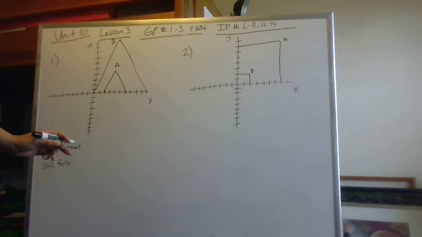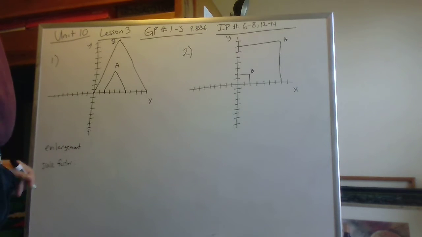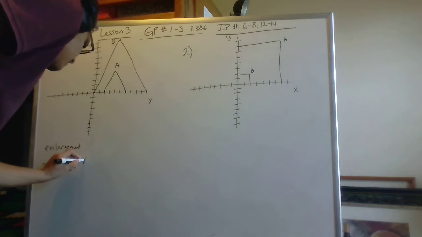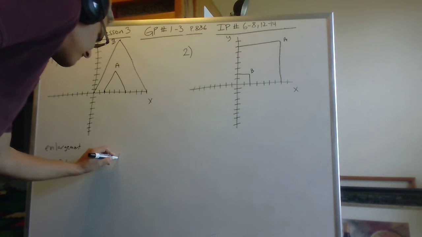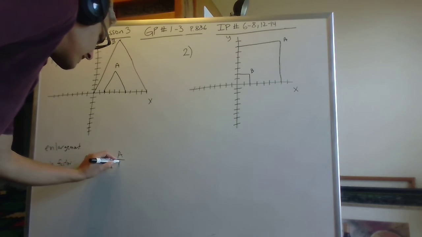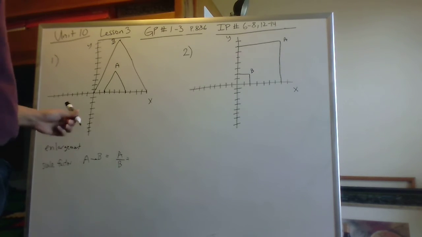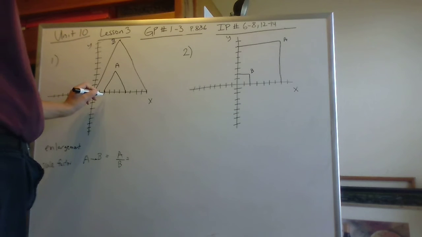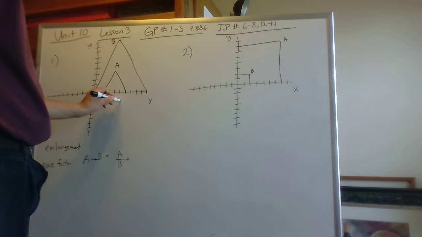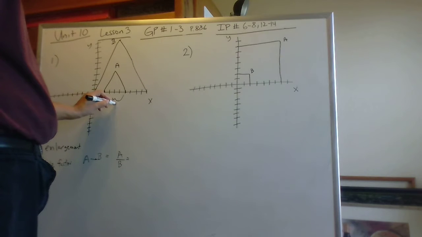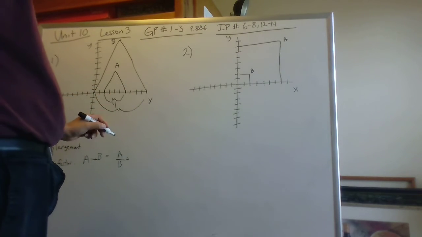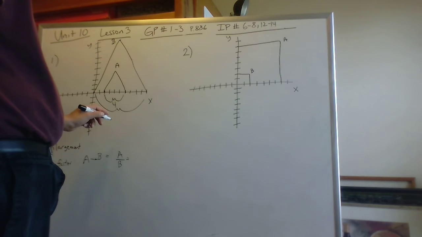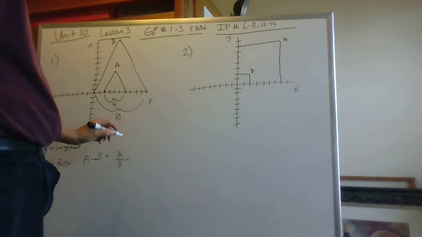We're going to look at the ratio of A to B. Since we're going A to B, we're going to have basically a ratio of A over B. And what I mean by that is, let's take the side of A right here, this base of the triangle. That is 4 units. And if we take the base of the larger triangle, B, that's 10 units.